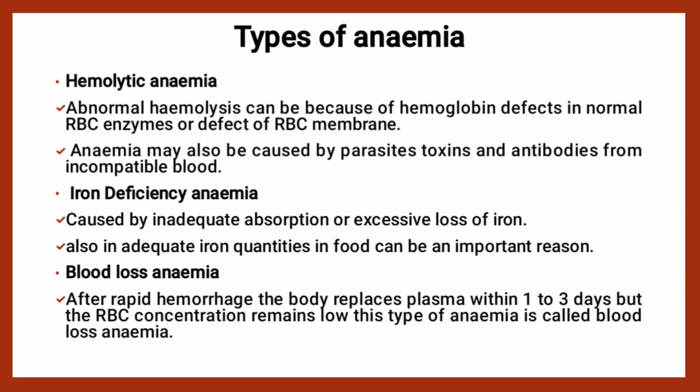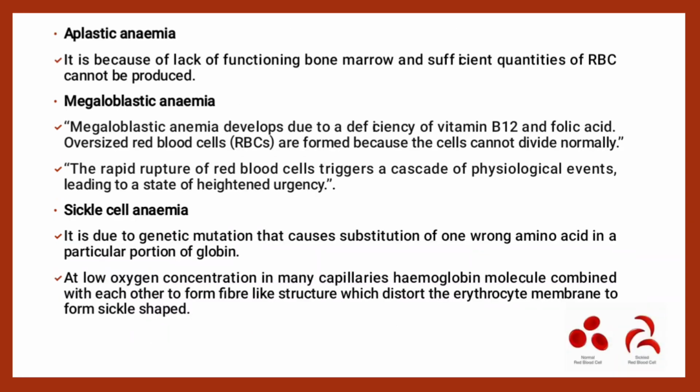What are the types of anemia? The mnemonic to remember anemia is HI BAMS. H stands for hemolytic anemia, I stands for iron deficiency anemia, B for blood loss anemia, A for aplastic anemia, M for megaloblastic anemia, then S for sickle cell anemia.